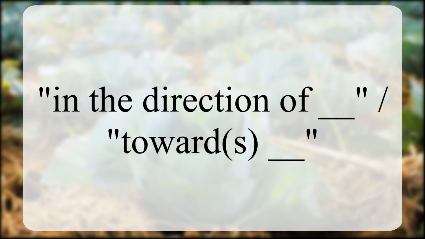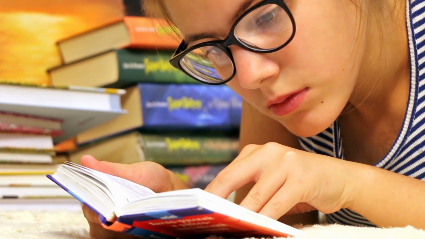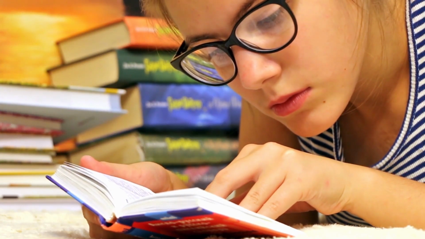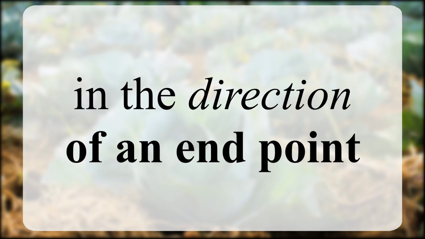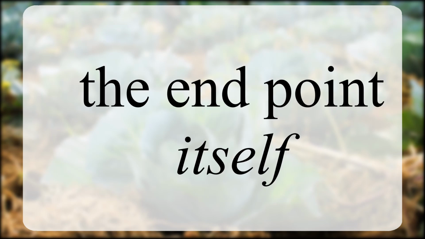However, be careful. The dictionary says that this use of the preposition to means in the direction of or towards a destination. As native speakers, it's natural to try to define the preposition to this way, but it's not completely accurate. The preposition toward means in the direction of an endpoint, but the preposition to means the specific endpoint itself.